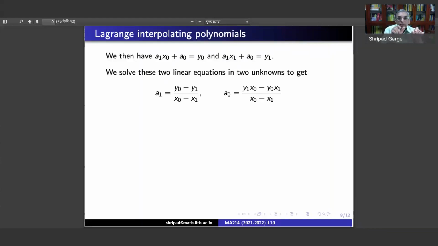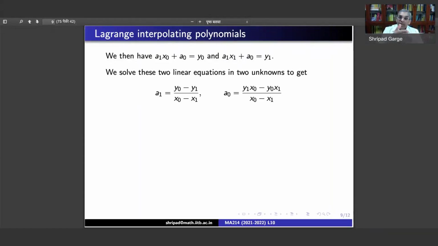What you can do is that you can subtract the first equation from the second. Then the a0 terms will get cancelled. You will have a1 into x0 minus x1 is y0 minus y1. And that gives you that a1 is y0 minus y1 upon x0 minus x1. The value of a1 can be obtained readily.